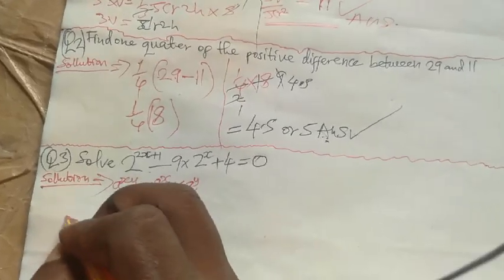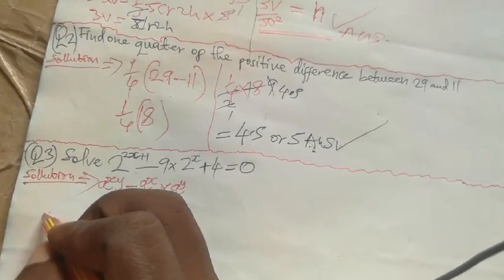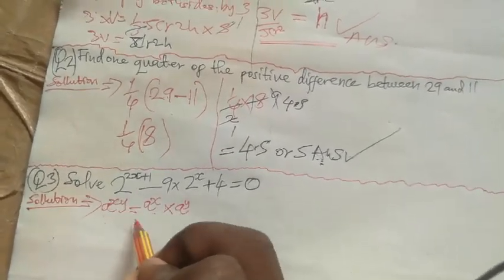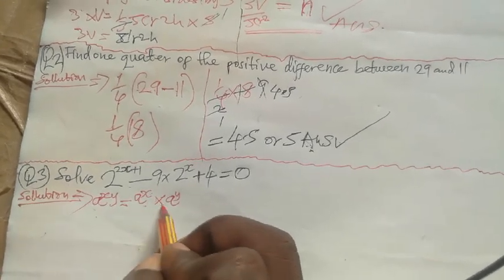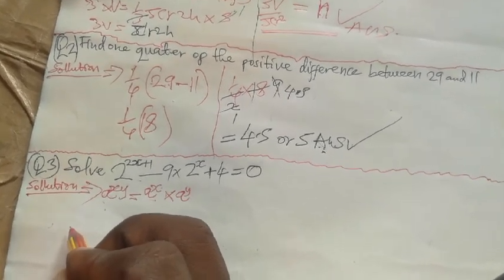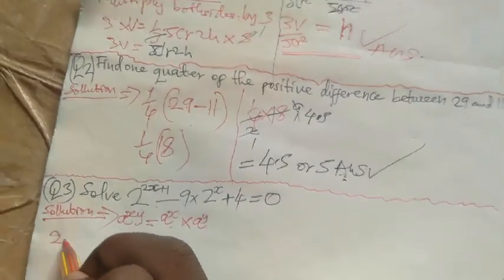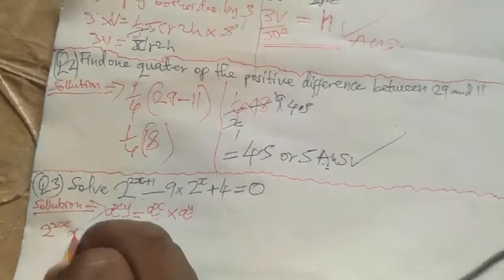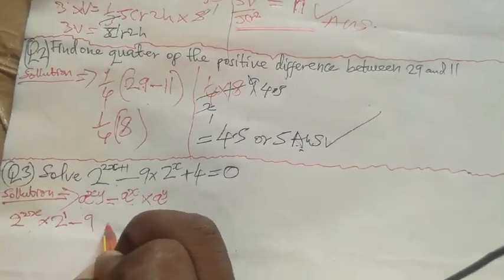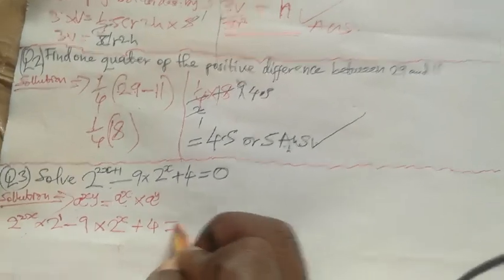From this law of indices, we compare to the equation above, and we say 2 to the power x times 2 to the power 1 minus 9 times 2 to the power x plus 4 is the same as 0.